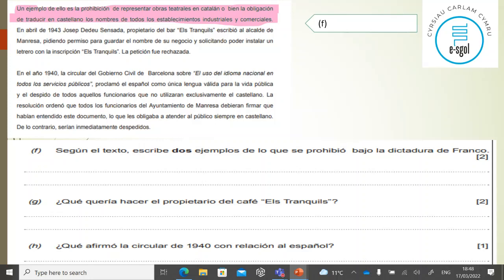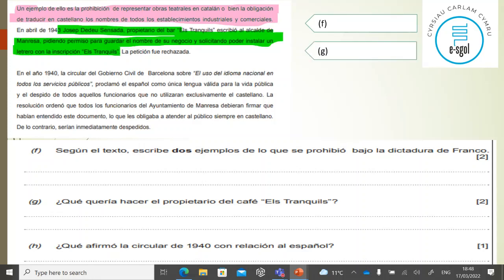Question G, ¿qué quería ser el propietario del café Els Tranquils? Deu Sensada, propietario del bar Els Tranquils, escribió al alcalde de Manresa pidiendo permiso para guardar el nombre de su negocio y solicitando poder instalar un letrero con la inscripción Els Tranquils.